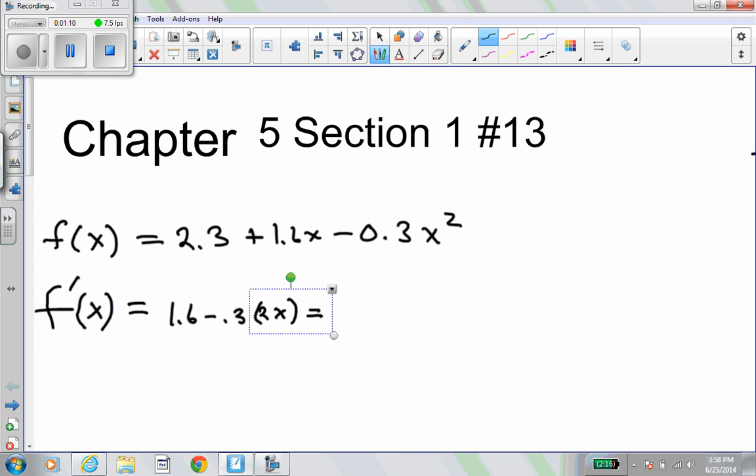So that's going to give us 1.6 minus 0.6x. And to find the critical points, we set that to 0.